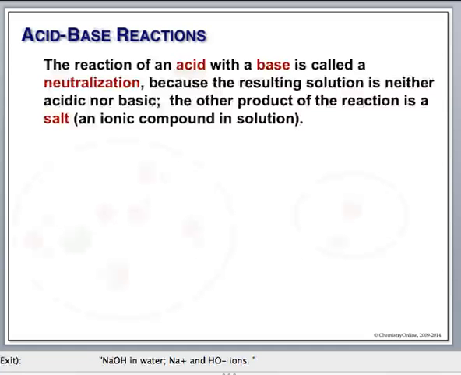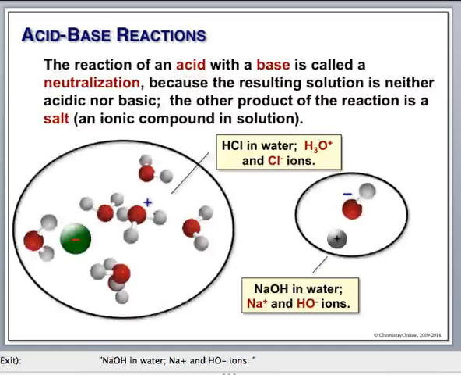Now, this is a really cute little slide. Please just appreciate it. This is my attempt to demonstrate this in very graphic terms. Here we have hydronium, this guy, and it's sitting here in a cluster of water. And we have chloride in here too. So this is meant to show HCl and water, hydronium and chloride.